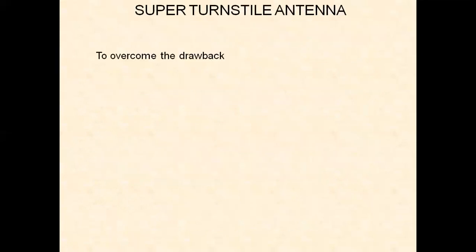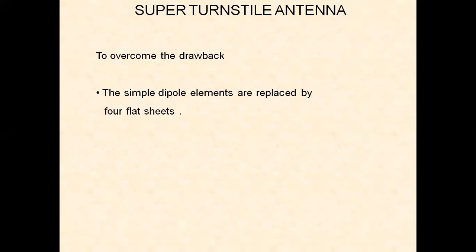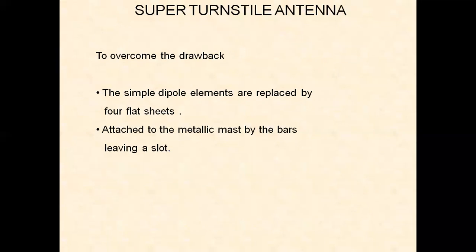So to overcome this drawback, we are going for super turnstile antennas. The simple dipole elements are replaced by 4 flat sheets. So we are making use of 4 flat sheets instead of 4 simple dipole elements, attached to the metallic mast by the bars, leaving a slot.